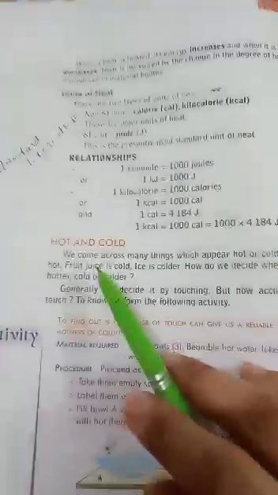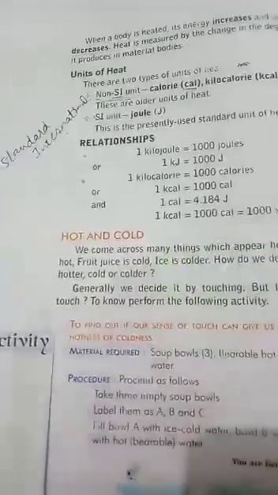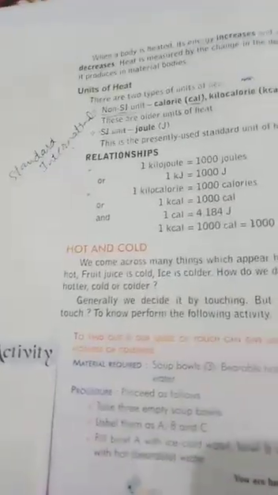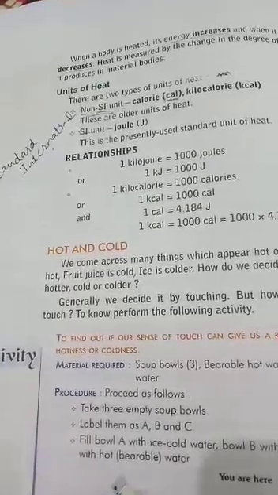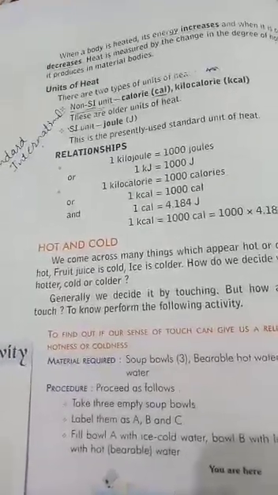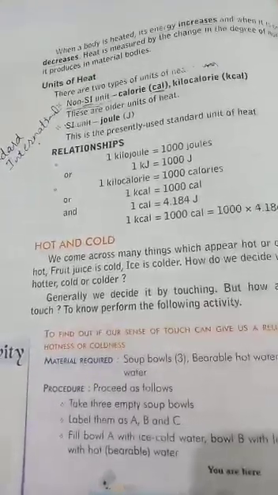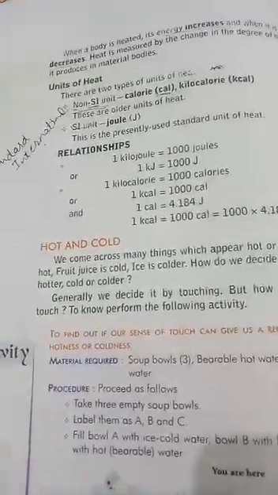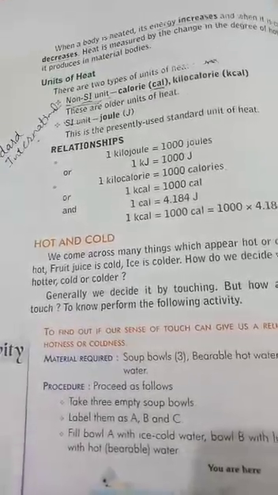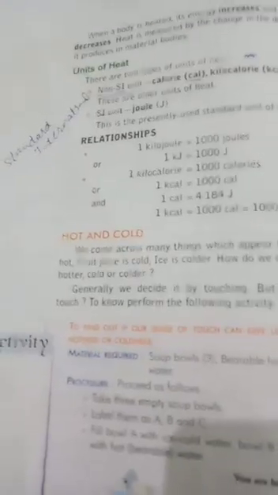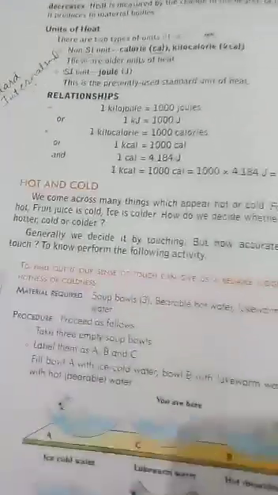Today we will read our next topic, hot and cold. In our daily life we come across many objects that we touch. Some objects are cold and some objects are hot, like ice, that is cold, fruit juice, that is cold, and some objects are hot, like tea and coffee.